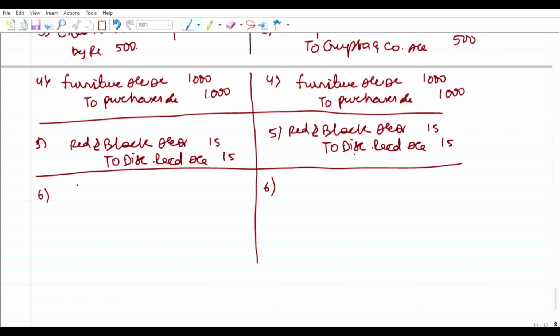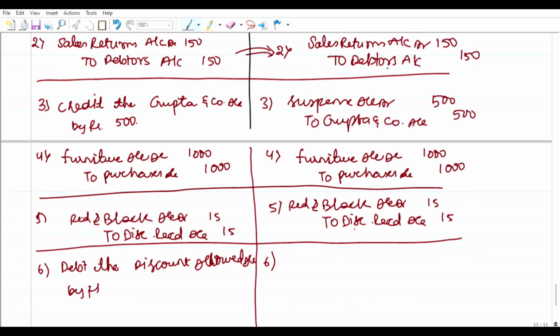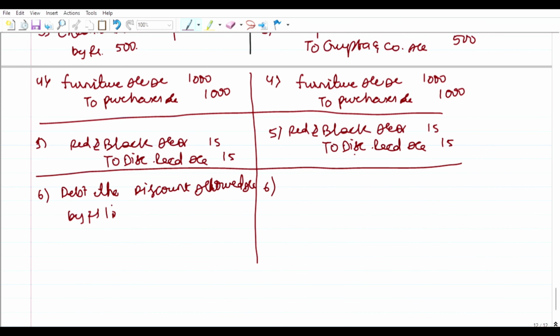So in the first stage we are going to debit the discount allowed account. You know that the discount allowed balance of the cash book goes to the discount allowed account. Discount allowed account by rupees 18.